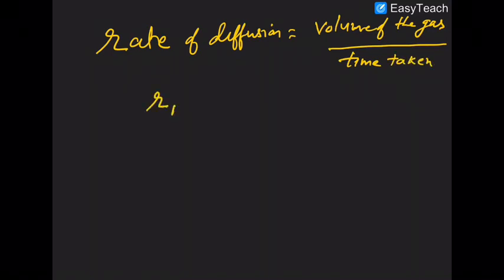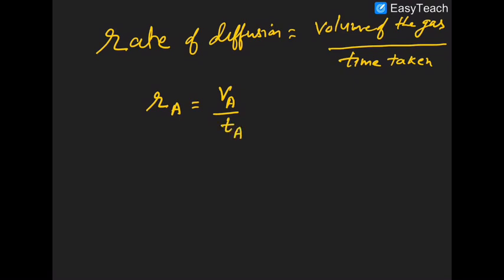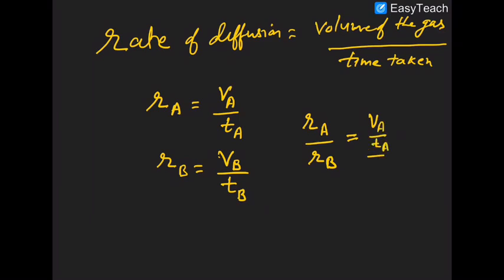So the rate of diffusion of gas A will be the volume of gas A diffused out by the time taken by gas A. The rate of diffusion of gas B will be the volume of gas B diffused out divided by the time taken by gas B. So the rate of diffusion of gas A by the rate of diffusion of gas B will be equal to VA by TA divided by VB by TB.